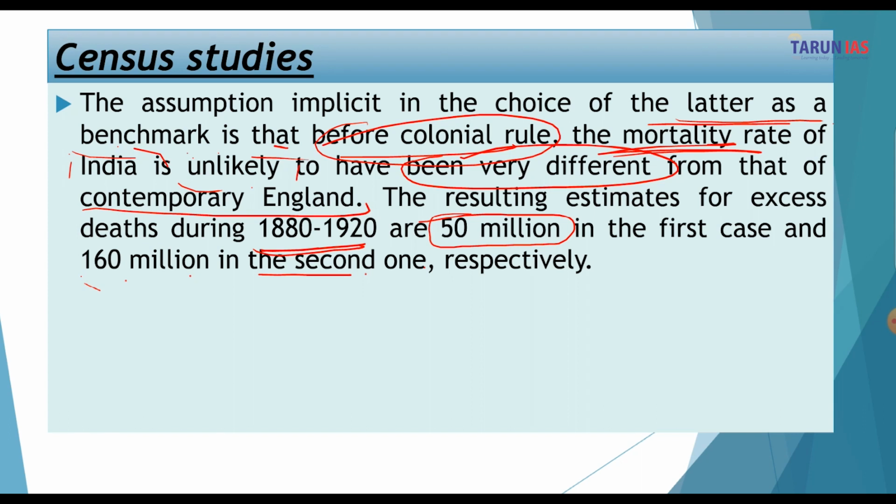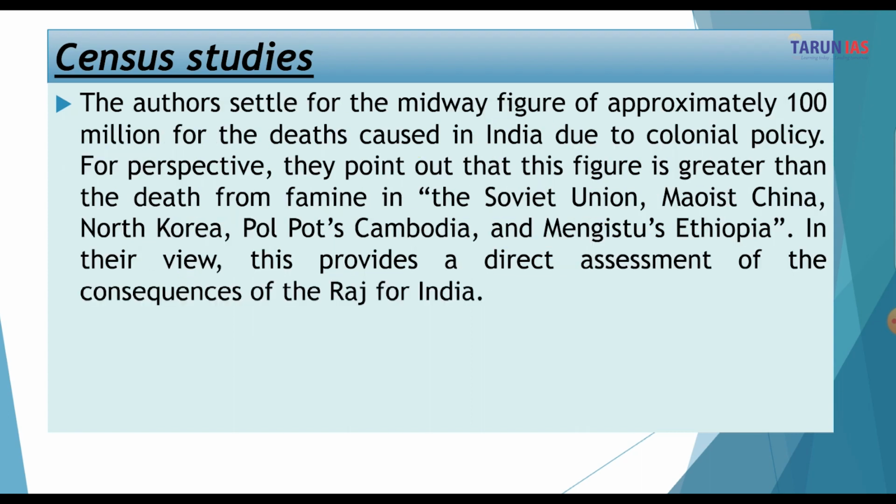Right. Now, this is about their methodology and their assumption. According to the authors, they have settled on a midway figure of approximately 100 million for deaths caused in India due to the colonial policy.